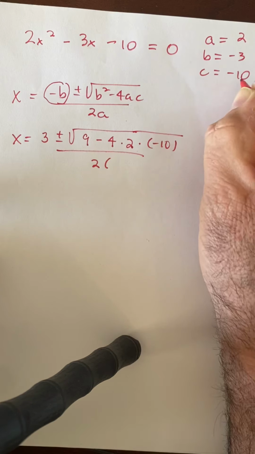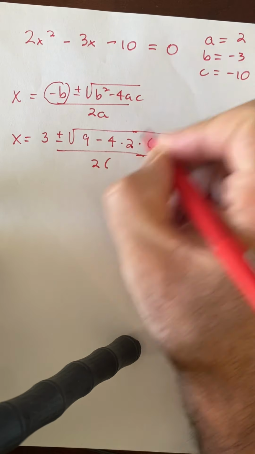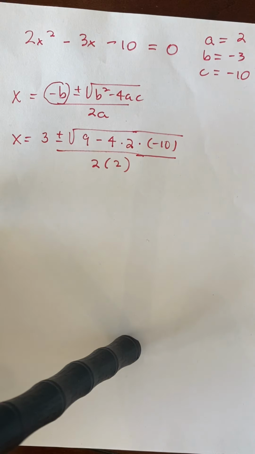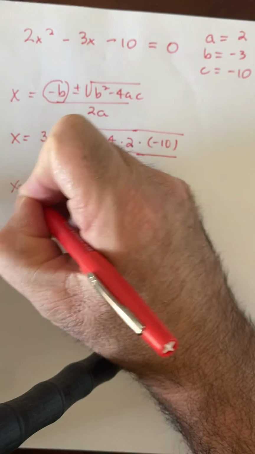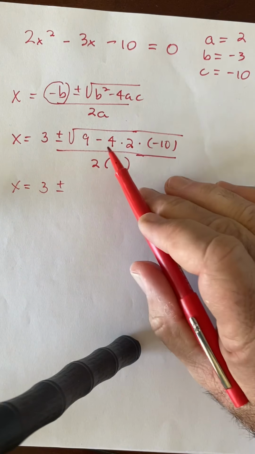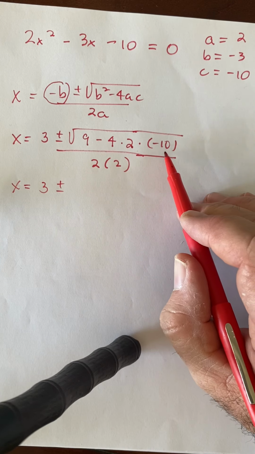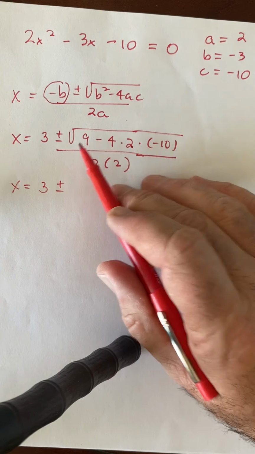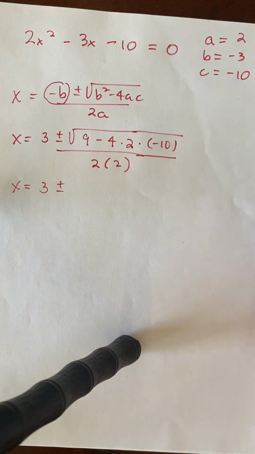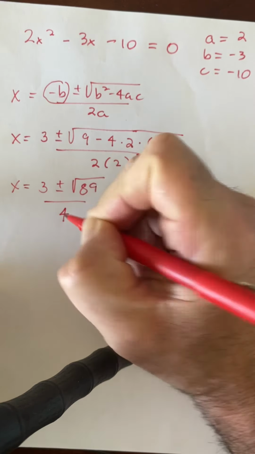I always put in negative numbers with parentheses. And it's all over 2a. Okay, so here, 3 plus or minus, negative 4 times 2 is negative 8. Negative 8 times negative 10 is 80. 9 plus 80, because it's now positive, is 89 over 4.